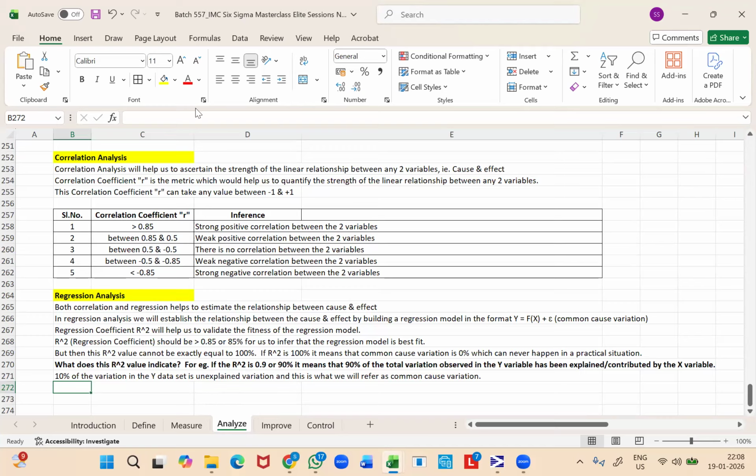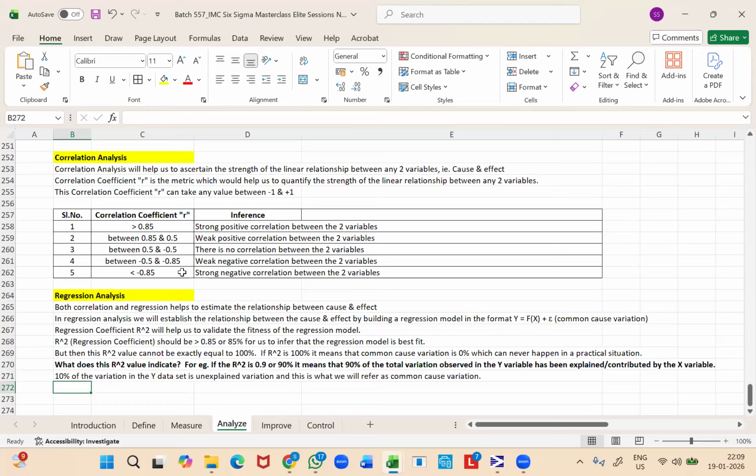Fine. So this is about the analyze phase. We'll do a quick revision of the analyze phase before we move on to the improve phase, right? In the analyze phase, as you would remember, we started with brainstorming for causes, because during the define and measure phases, our focus would have been completely on the Y metric, or the CTQ metric, or the business problem.